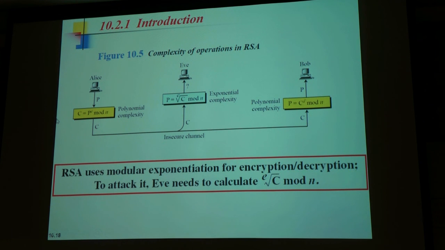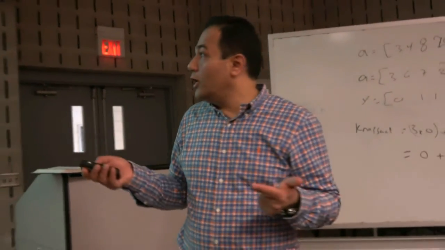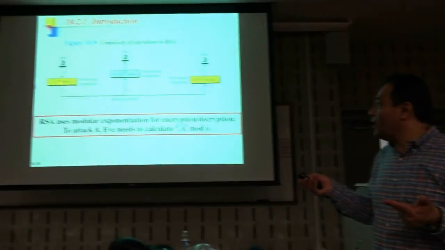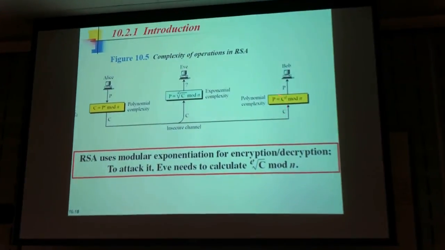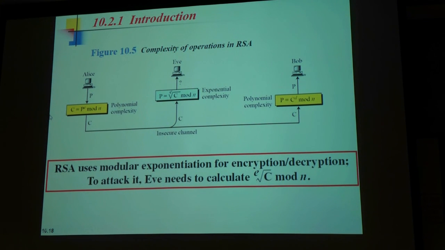So we have to calculate E and D so that they could work together. If you use E as a power for the plain text, and you use the ciphertext with a power D, it will give you the result. That's the tactic, right? RSA uses modular exponentiation for encryption and decryption.